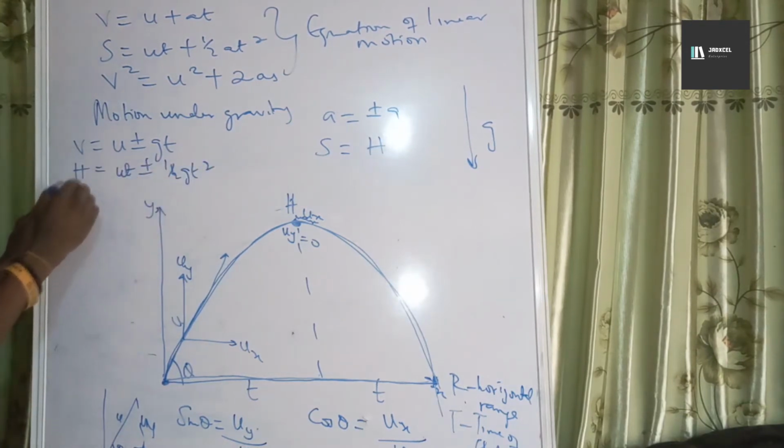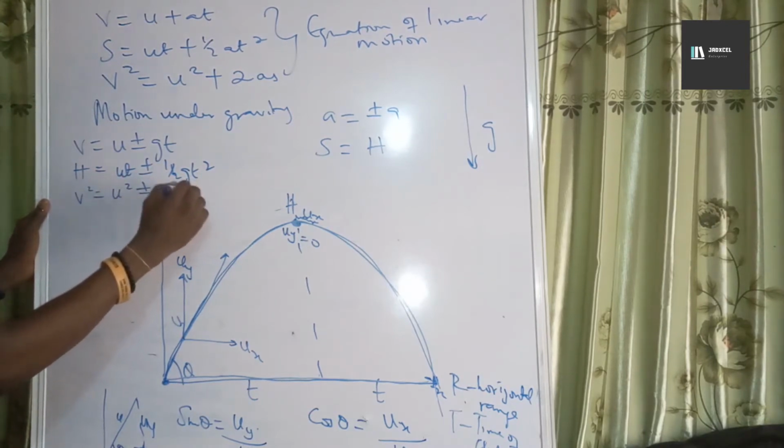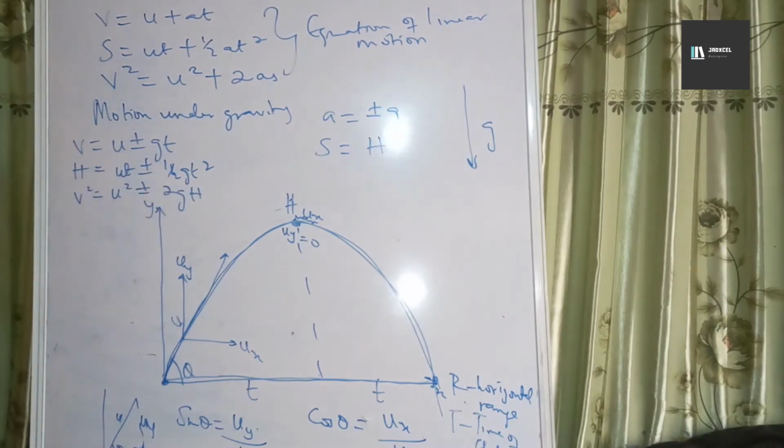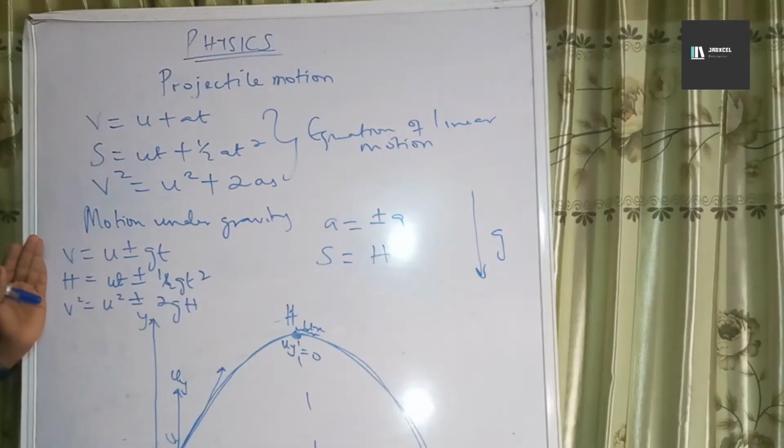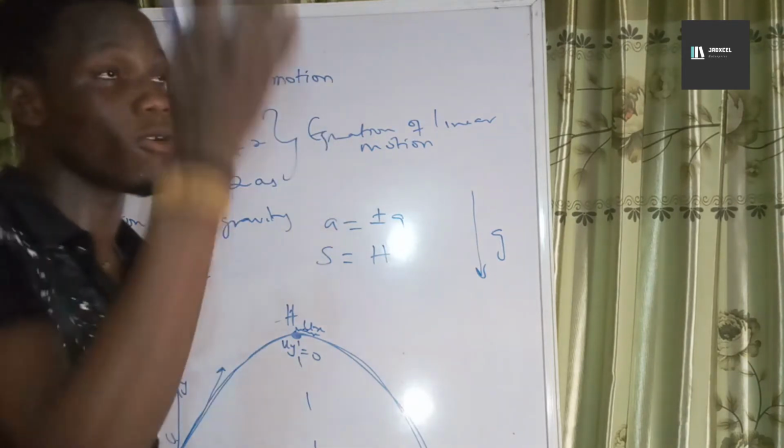We have v squared is equal to u squared plus or minus 2gh. Looking at this from this perspective now, we could use this to solve when angles are not involved. Let's assume that a body is thrown vertically upwards or a body is projected horizontally. So we could use this.